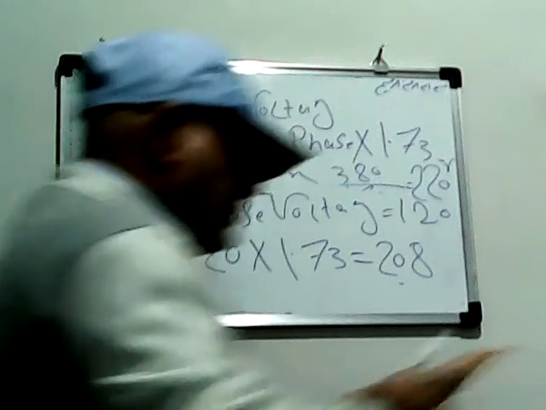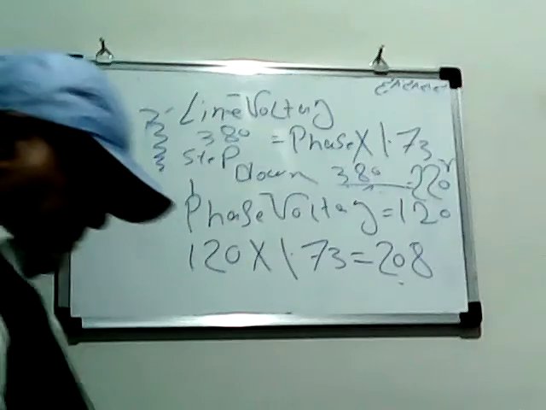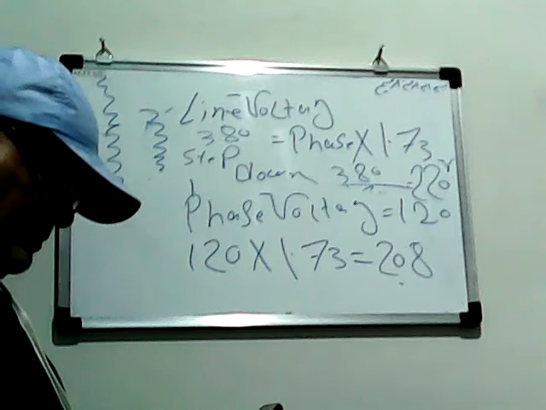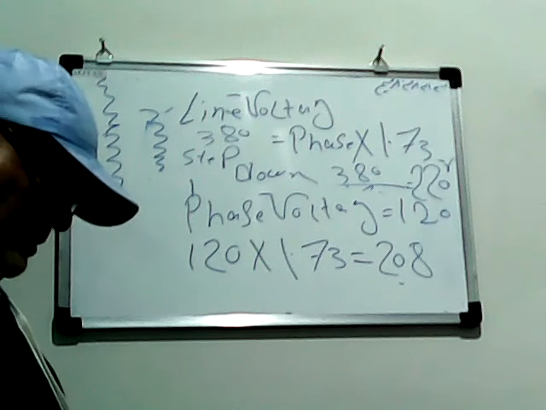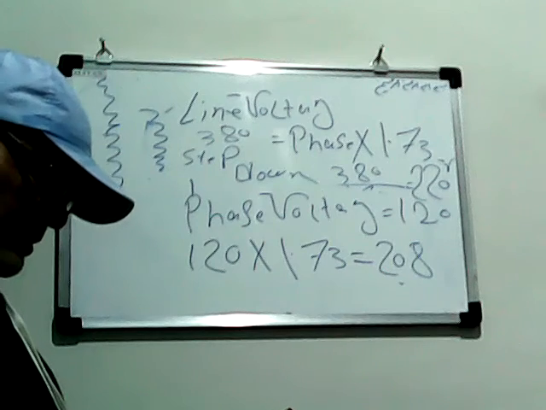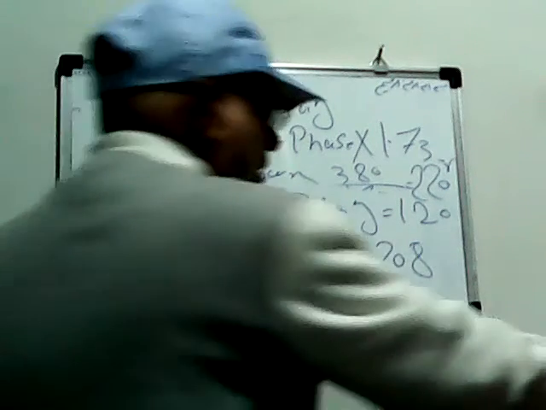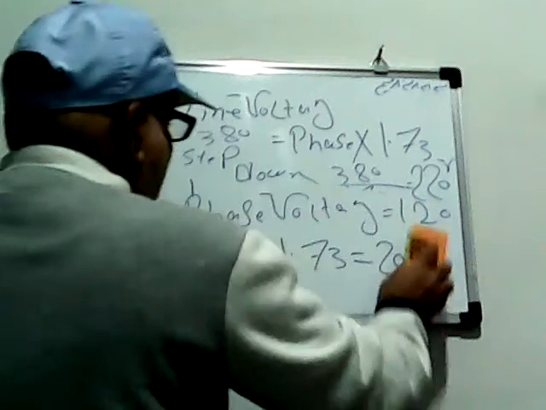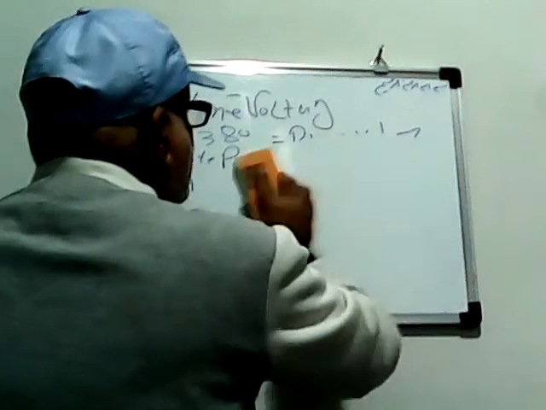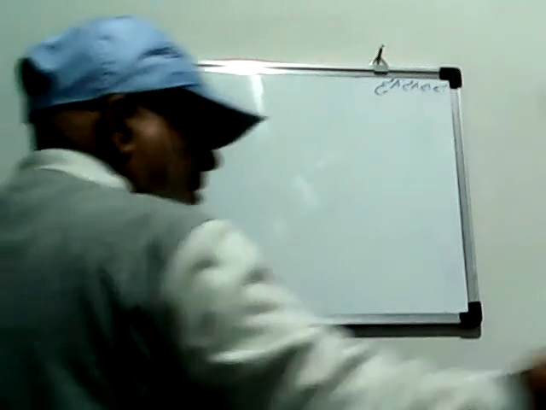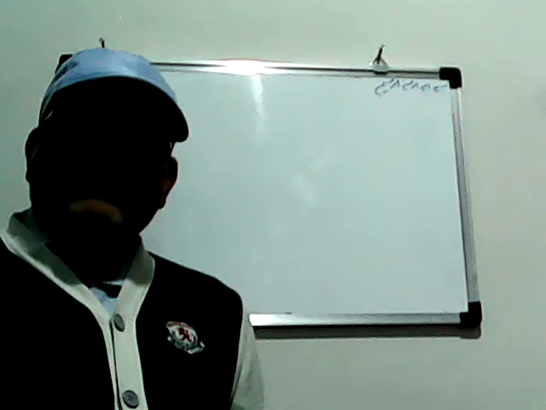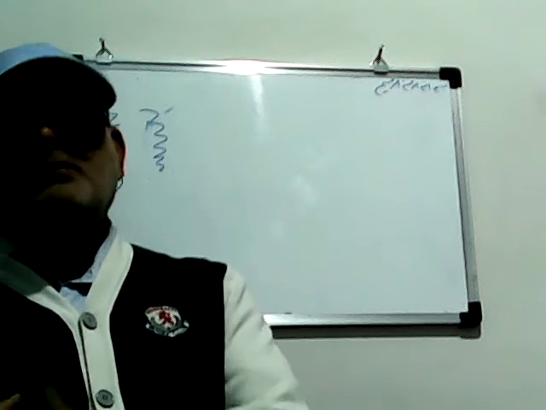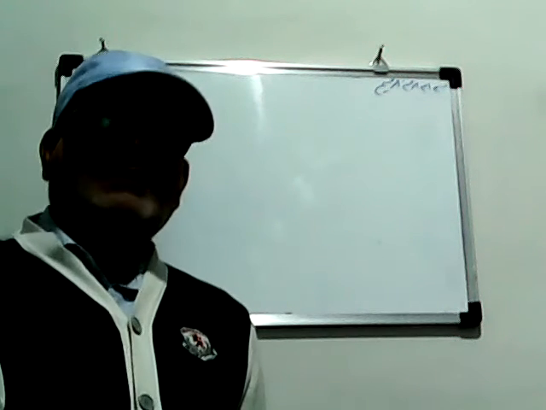And in a star connection, phase current and line current are equal. In delta connection, line voltage equals phase voltage, the inverse of the star connection.